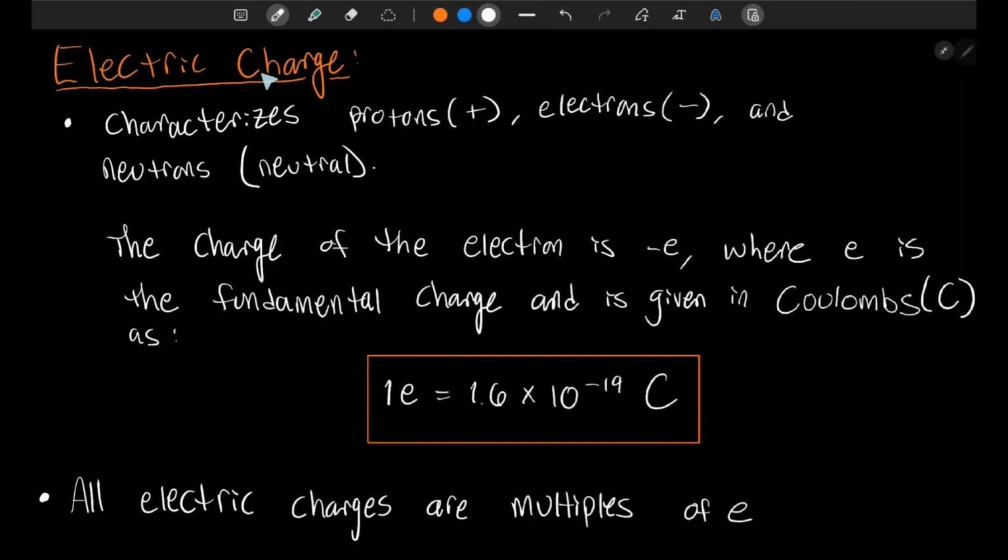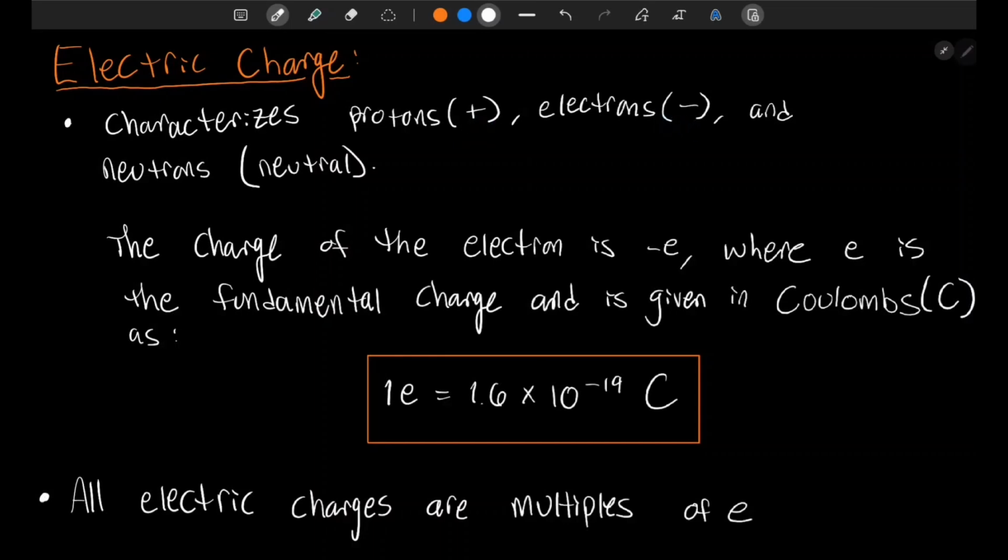So to start, an electric charge characterizes the protons, electrons, and neutrons within an atom. A proton, which is also sometimes denoted by a plus sign, is a positively charged particle. And an electron is a negatively charged particle. For the most part, this positive and negative are mainly convention, and you could imagine a universe where we swap the positive and the negative.